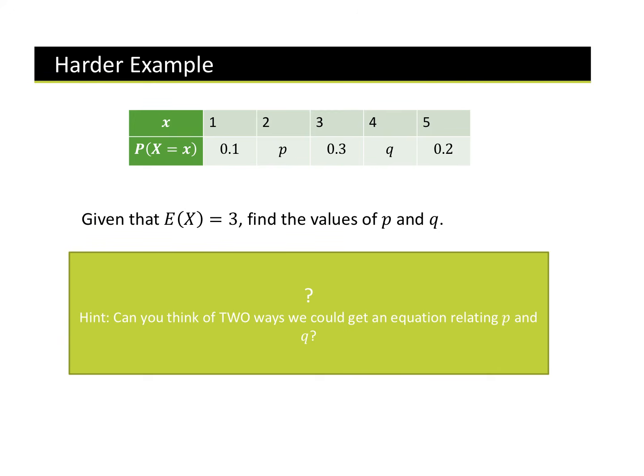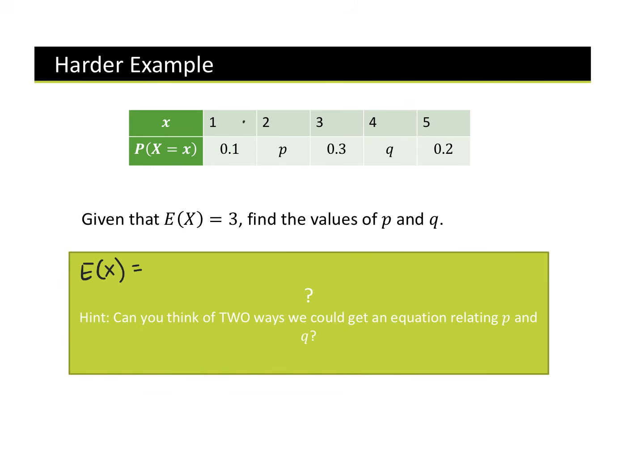Here we have a bit of a harder example. This one, we're going to use our favourite thing ever, simultaneous equations. What facts do we know? First of all, our expected value is 3. How do we find our expected value?